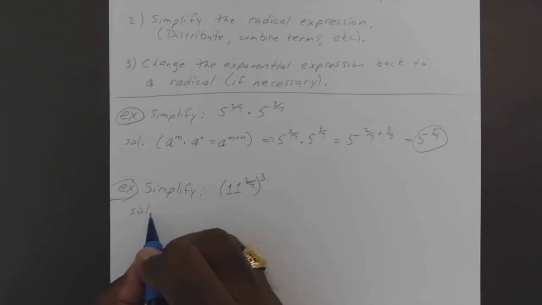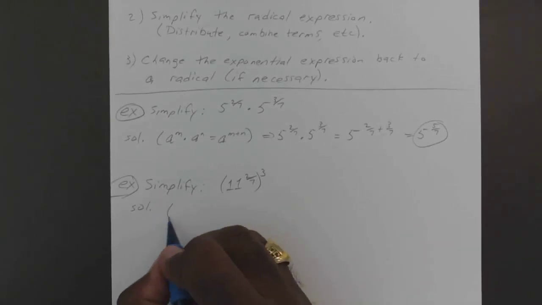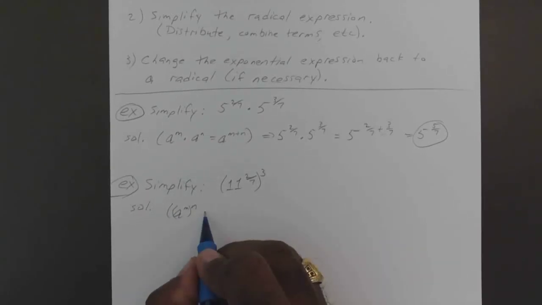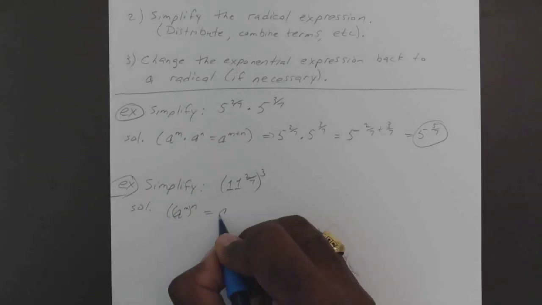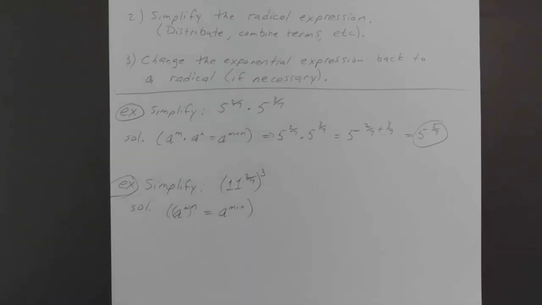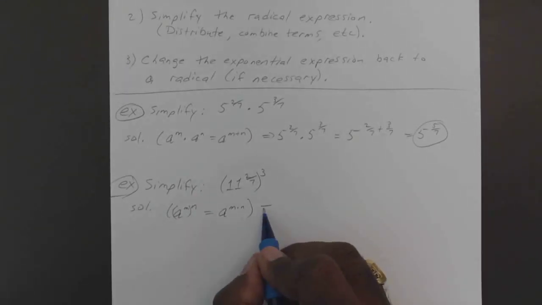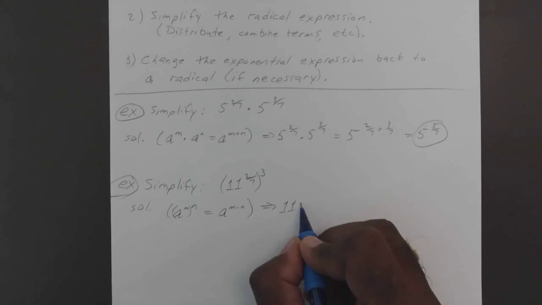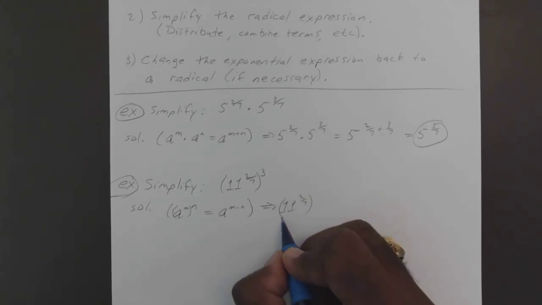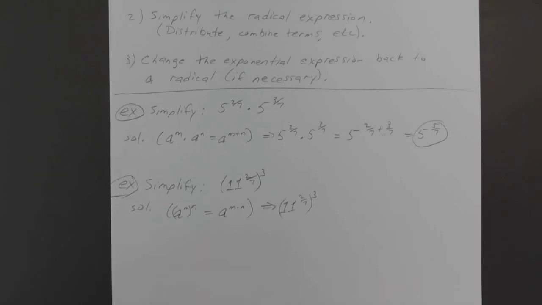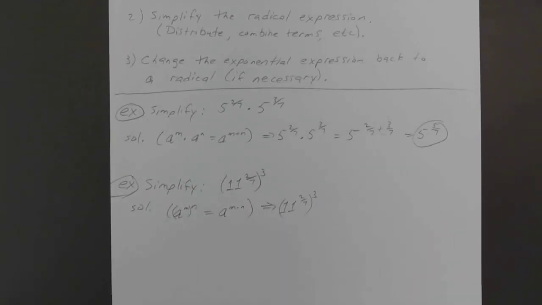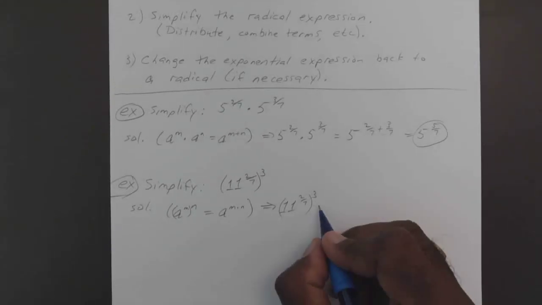Okay, so for this one, we have a to the power of m, and that raised to the power of n equals a to the m times n. Okay, so we know that 11 to the power of 2/7 cubed, which is the power rule.